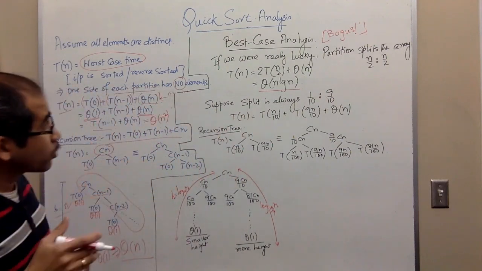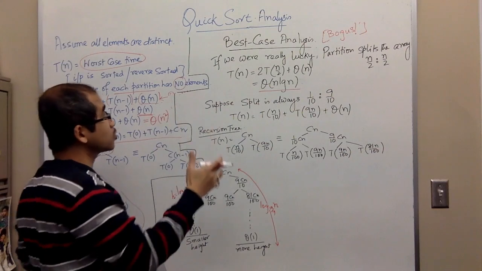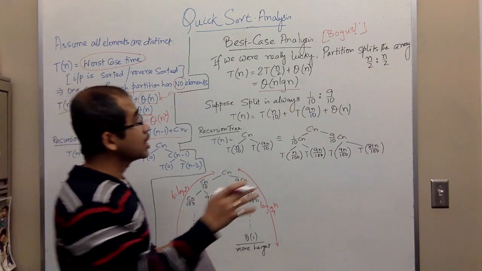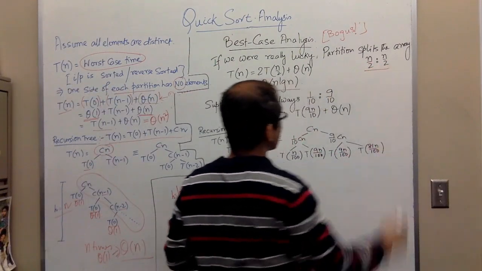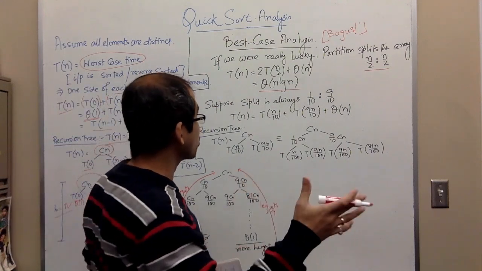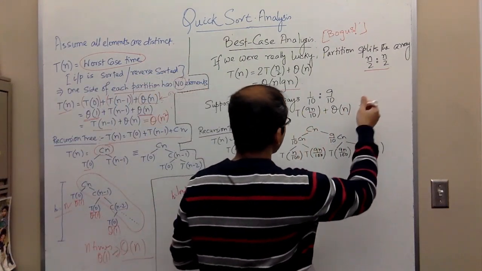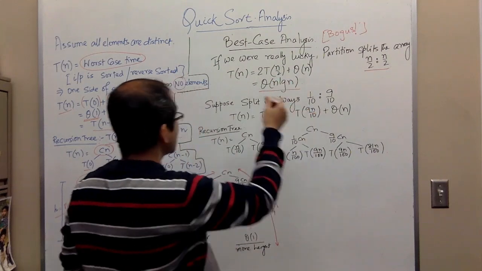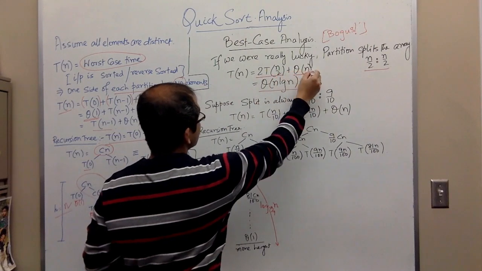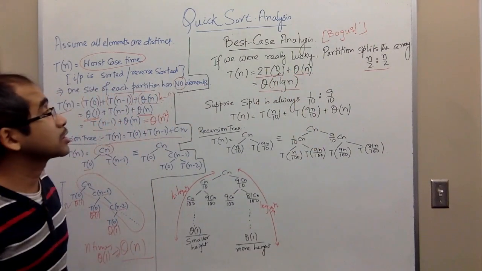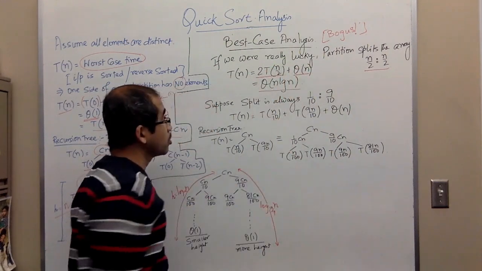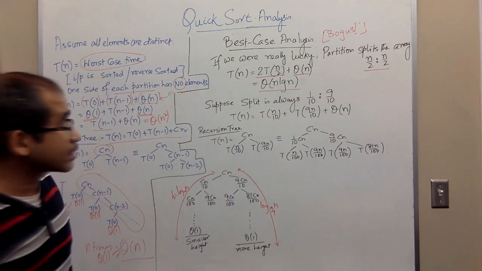So what is the best case of quicksort? Let's see, the best case will be that every time, as I said, the partition is perfectly split in the middle. So it splits the array into n by 2 and n by 2. I know that there is n by 2 floor, n by 2 ceiling, just ignore those things for the sake of quicker analysis. So T of n will be two subproblems of size n by 2, that is 2T n by 2 plus theta n, which is about partition and other subroutines, the housekeeping operations. Now you know this recursive relation.